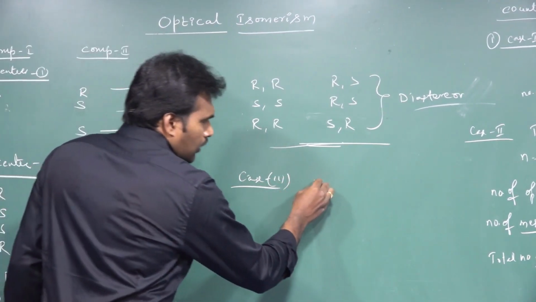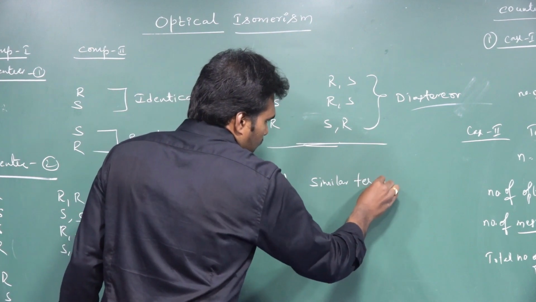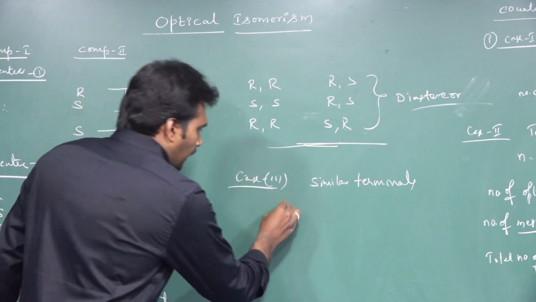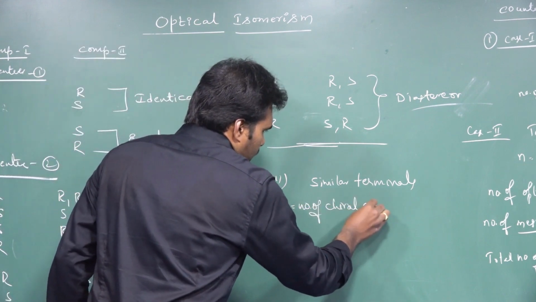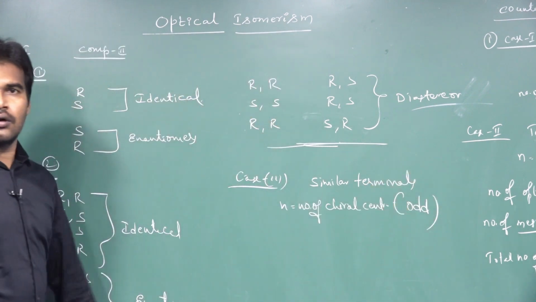Case 3. Similar terminals. So their terminal ends are same and having n number of chiral centers, and that is odd. Okay.